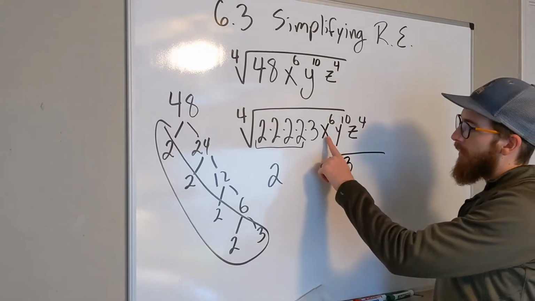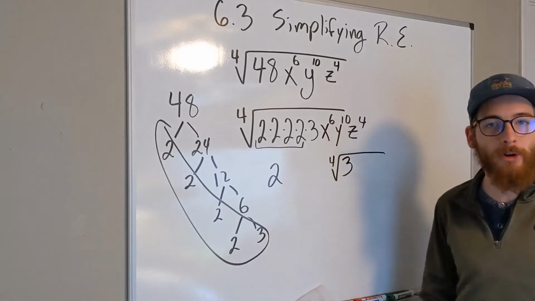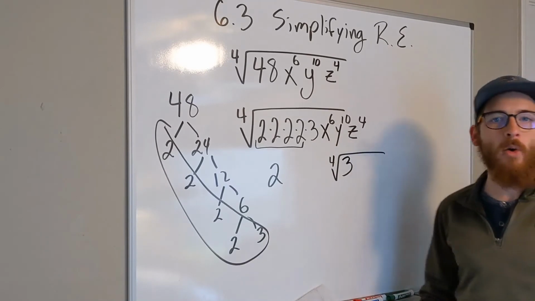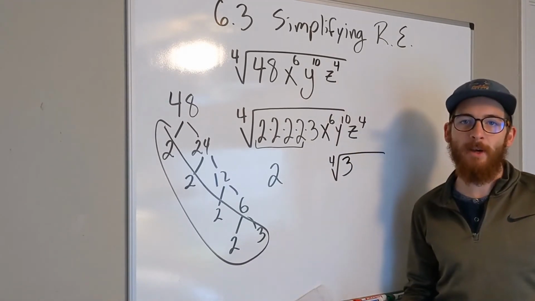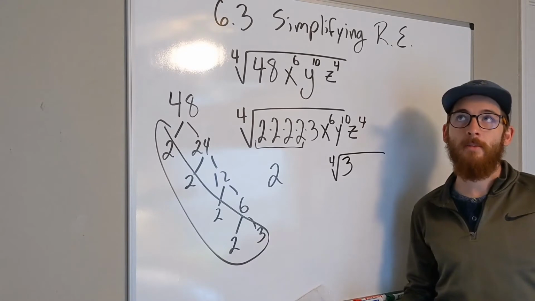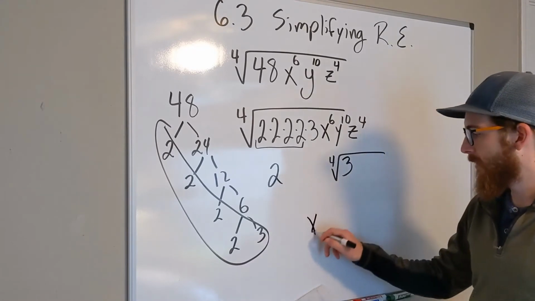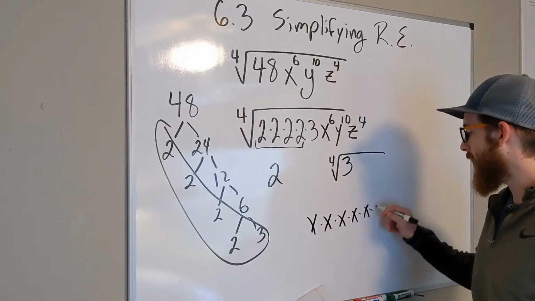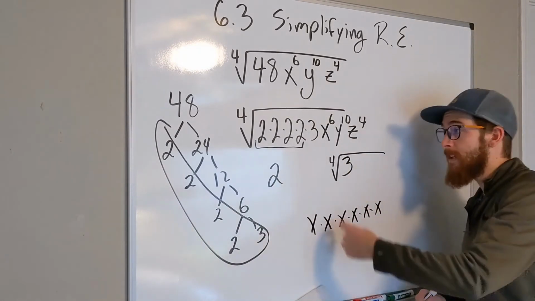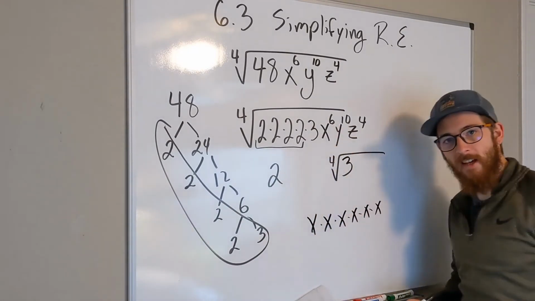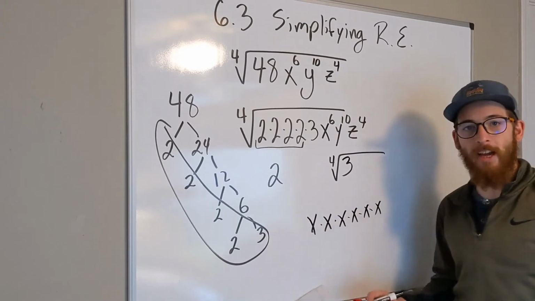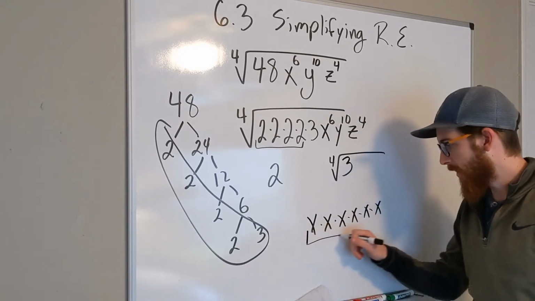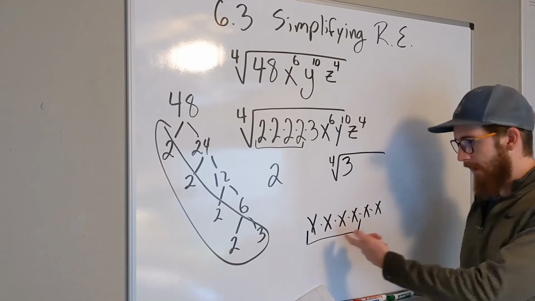Now, if there is x to the 6th power, what does that mean, 6th power? It means x times x times x times x times x times x. It means x times itself 6 times. Well, is there any groups of 4 in 6? Yeah, there's one group of 4 in 6 right there.